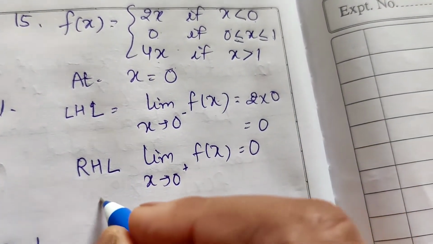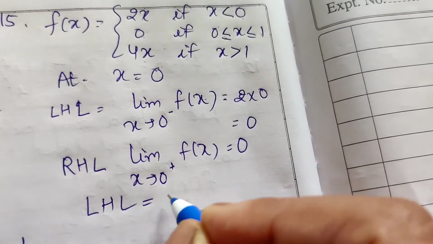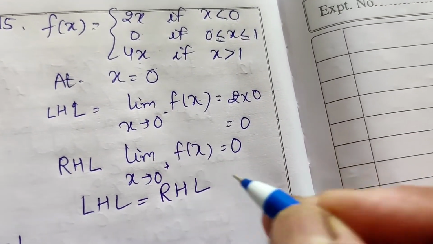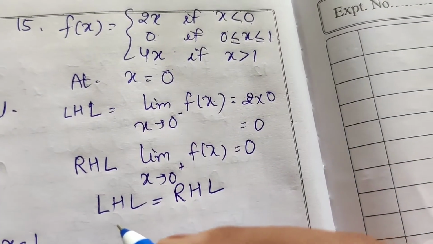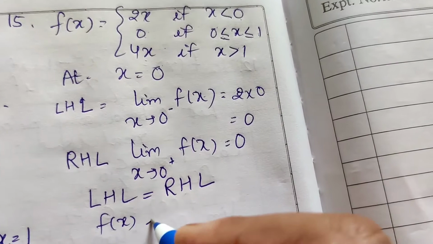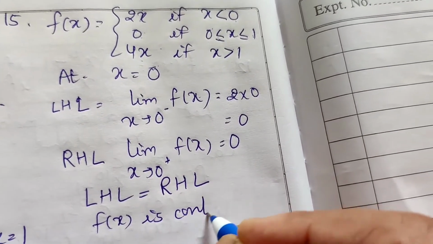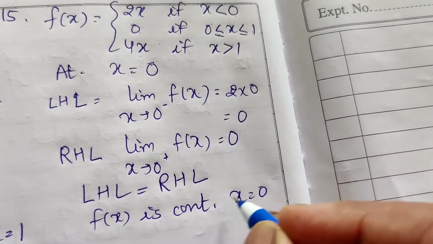Therefore, left hand limit equals right hand limit. The function is continuous at x equal to 0.